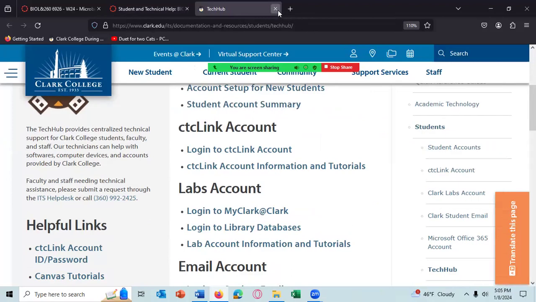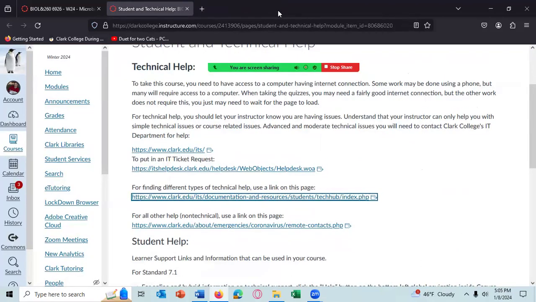I cannot help you with lockdown browser or mostly with the Canvas website. Obviously, I can help you with the website I've made, but if Canvas isn't working correctly, I can't help you.